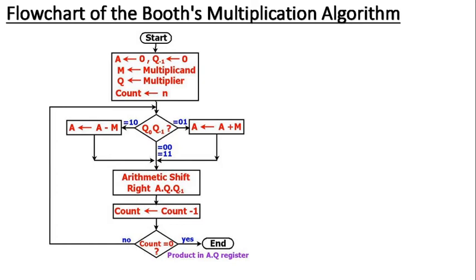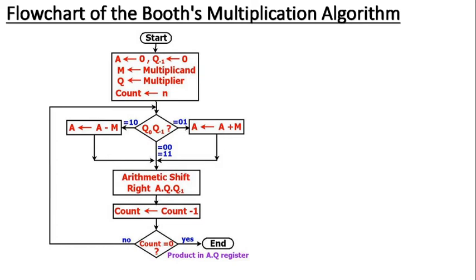Again, after going back, it will check the Q0, Q minus 1 bits of this new iteration, and depending on that, internal actions like addition or subtraction will be performed, and then the subsequent shift right operation will be performed on the AQ, Q minus 1 bits. It means that subsequent iterations will be performed until the count reaches 0.